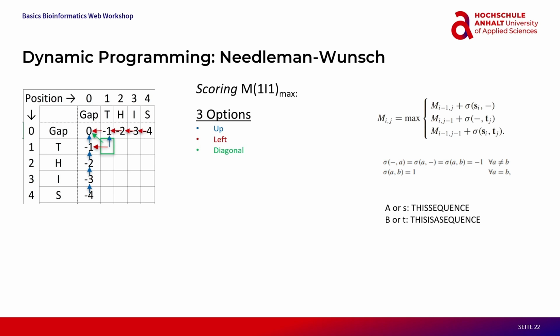A horizontal move, therefore, means a gap in sequence S. A vertical move results in a gap in sequence T. A diagonal move corresponds to a match or a mismatch. This relation is generally valid.